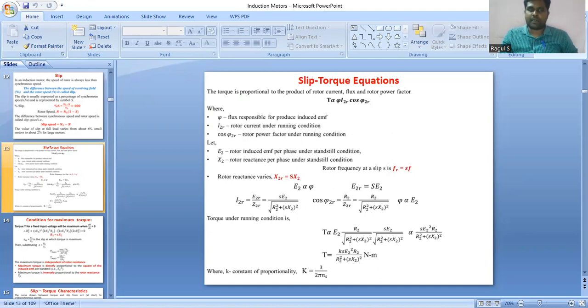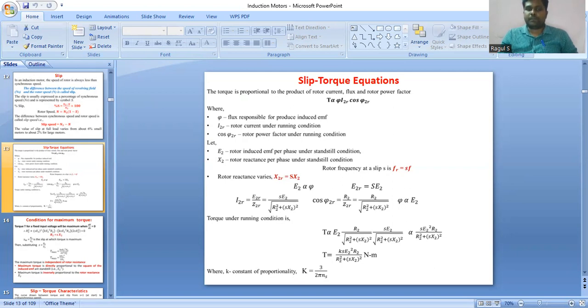So these losses are constant or fixed losses. Mainly these losses depend upon voltage and frequency, and in these cases voltage and frequency are constant, so the core losses are constant losses. Friction and windage losses depend upon the speed of the induction motor.